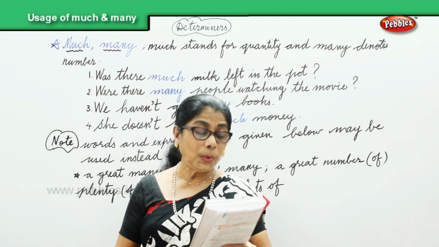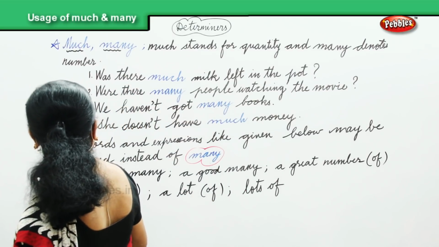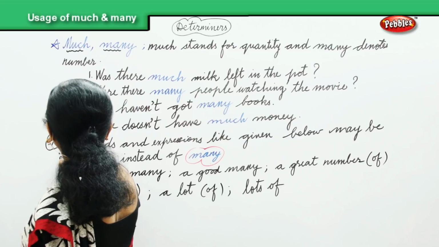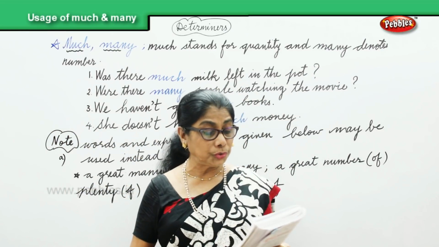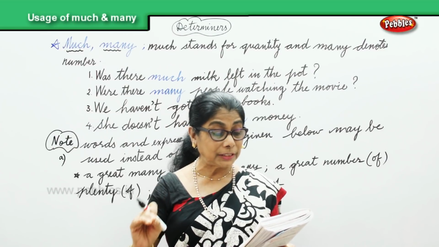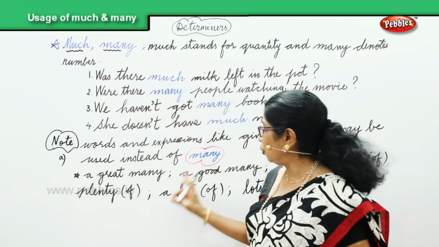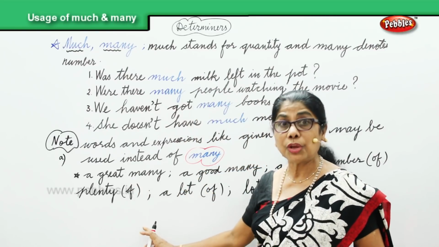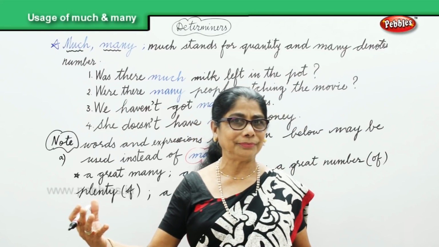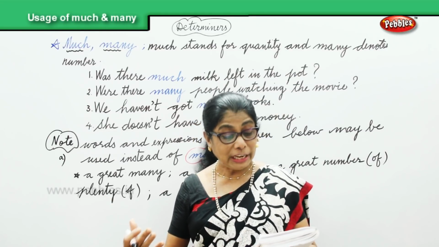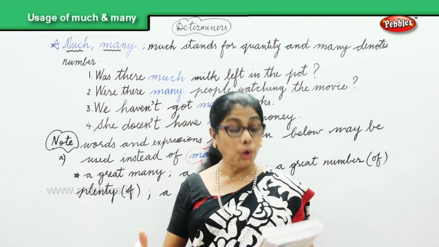Now, there are words and expressions that we use for much also. Words and expressions used instead of much. Instead of much, we use words like a great deal of, a good deal of, a large quantity of, plenty of, a lot of.